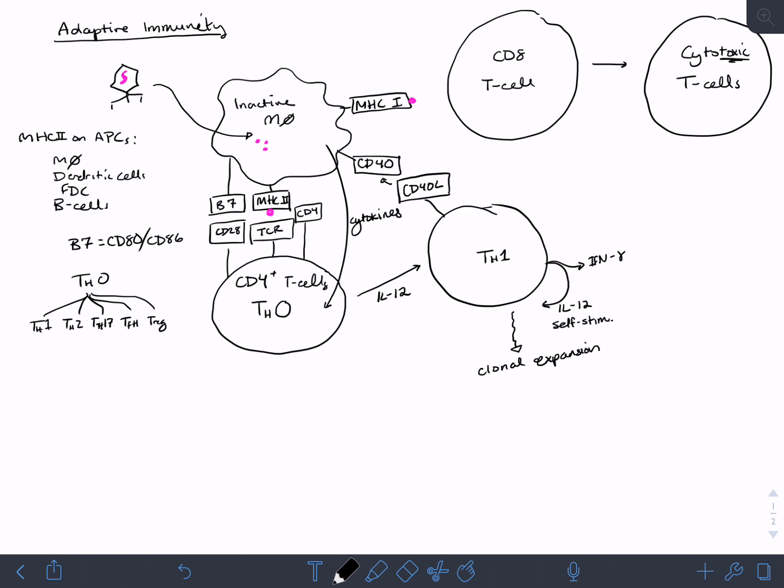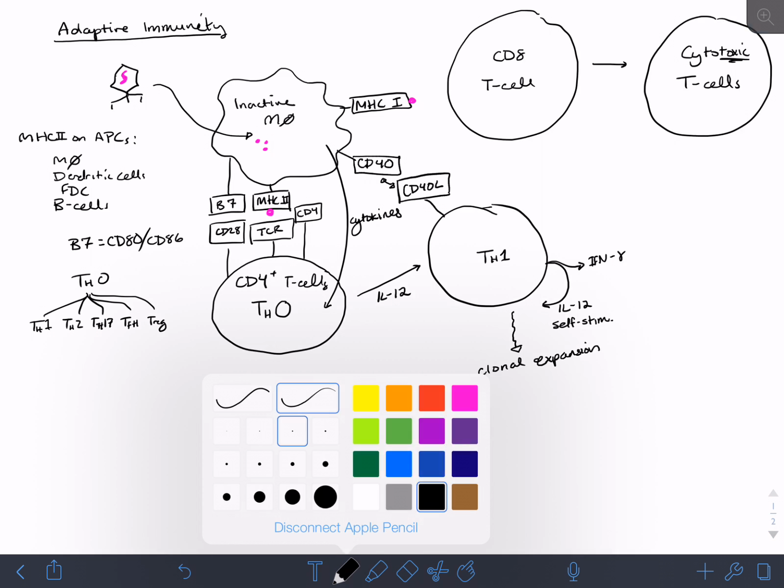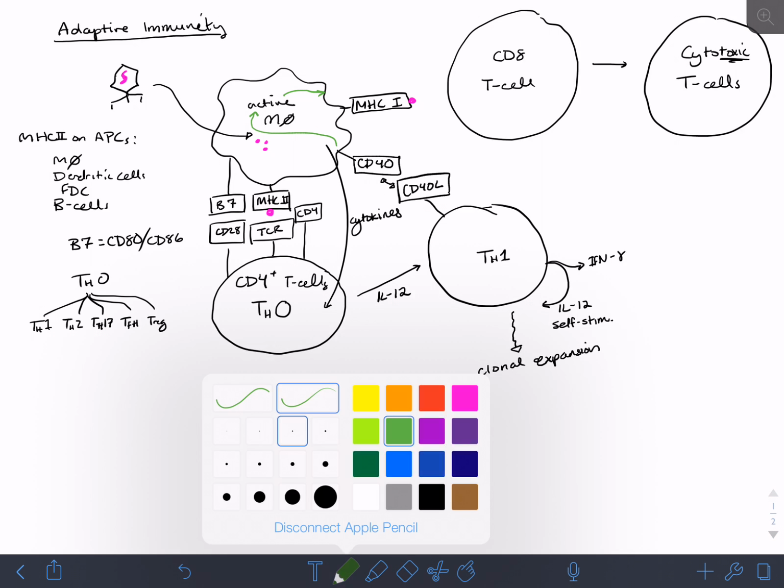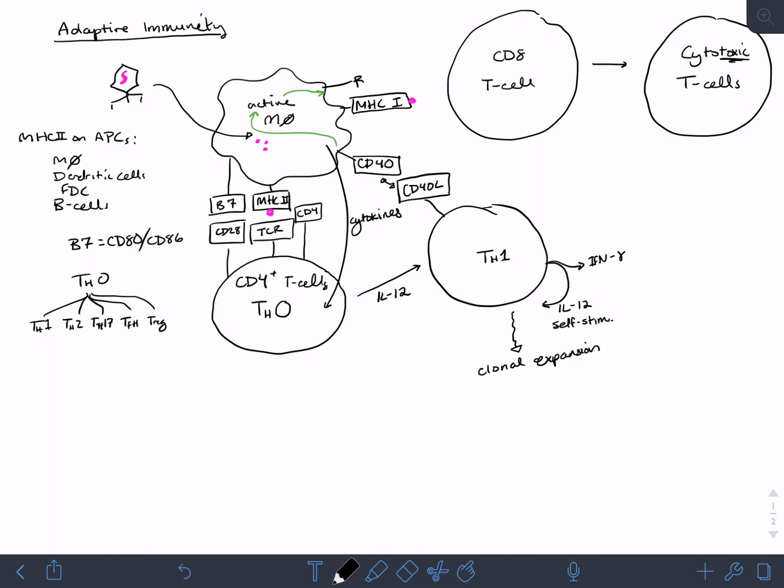And now that you have this interaction, your CD40 is going to activate the macrophage. So now it's an active macrophage. And the active macrophage is now going to express more B7. You have more B7. And now that the macrophage is active, your CD8 T cell will now bind to it.